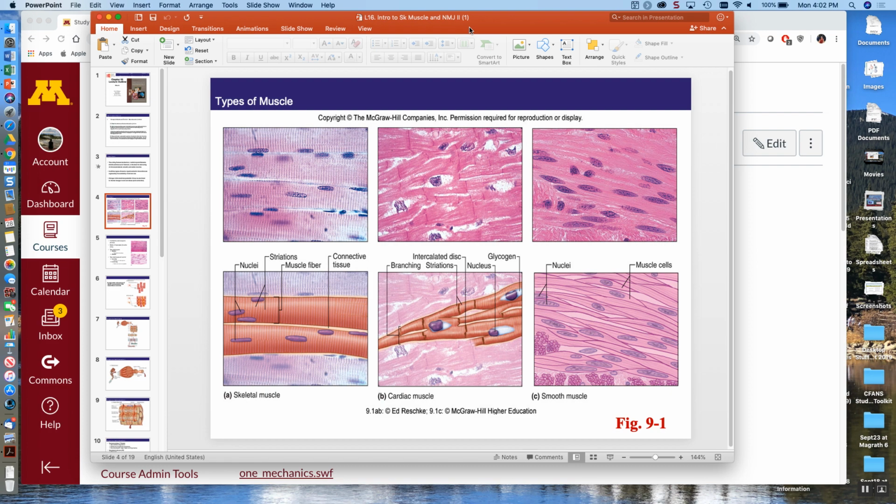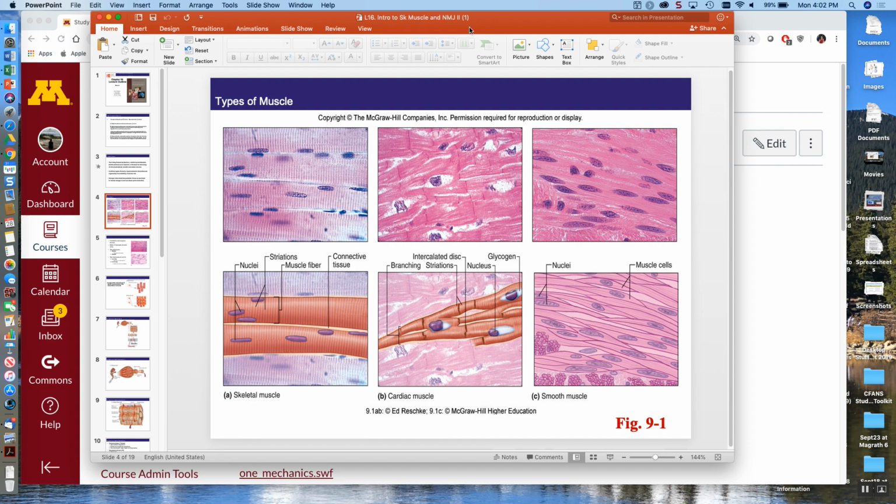This kind of gives you an overview of some of the anatomical features of skeletal muscle, cardiac muscle, and smooth muscle, okay? The thing to notice right away is skeletal muscle and cardiac muscle are both organized as striated muscle. They have striations because they're organized in sarcomeres. Okay, so sarcomeres are the single unit of contraction.